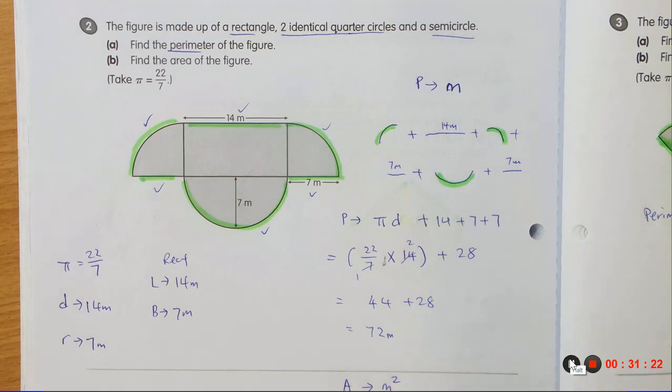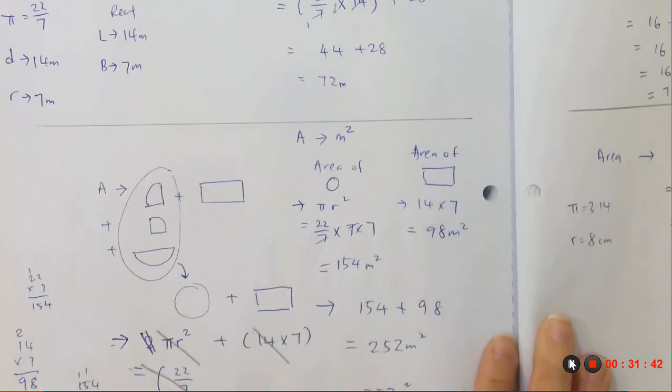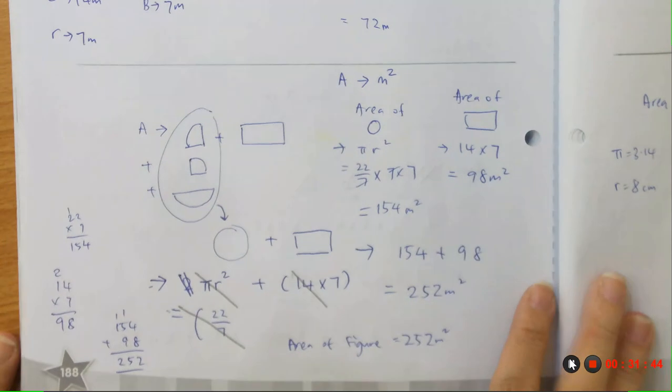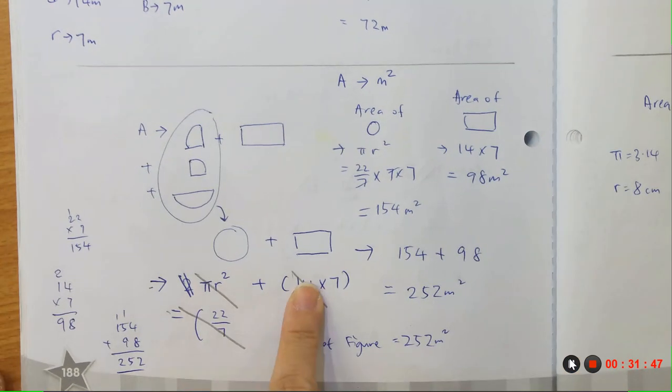Right. This is question 2. Anybody was working on question 2? Got this okay? The area here, when I reached these steps, I found that the equation is too long.